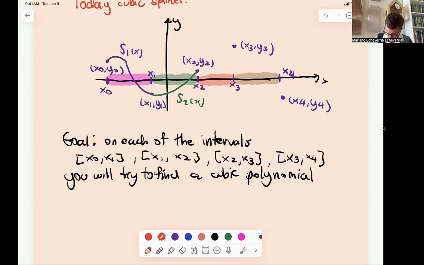Then there's a third one that maybe does something like this, S3 of x. And then the other one is like this, S4 of x. Okay. So there are four intervals, so there are four cubics that in this case you would have to find.